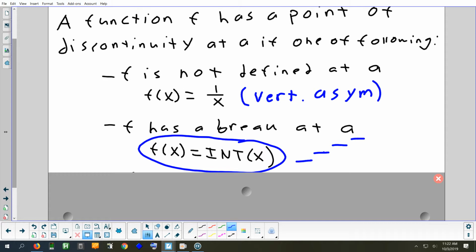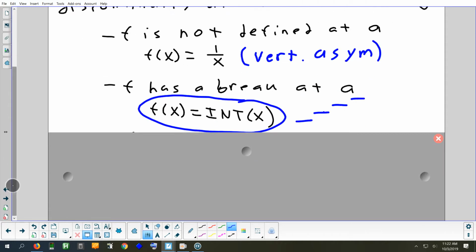Depends where you want me to round it, but I could round it. Anyone think of a number? No, you can't. You can round any number you want. That's why the domain of this is all real numbers. So this graph has what we call a break in it, just because of the way it rounds off numbers.